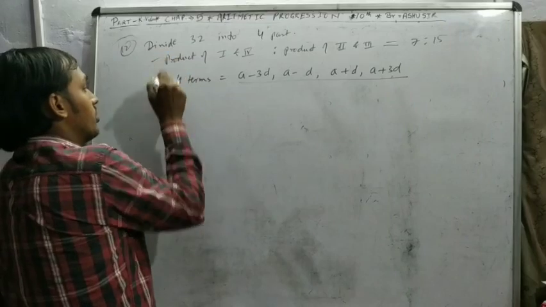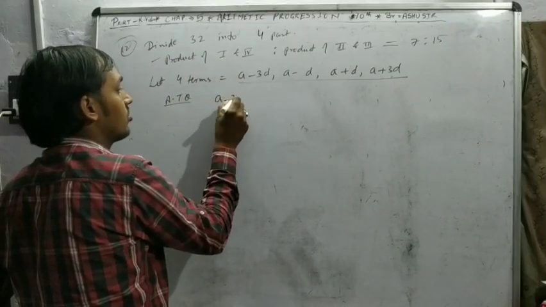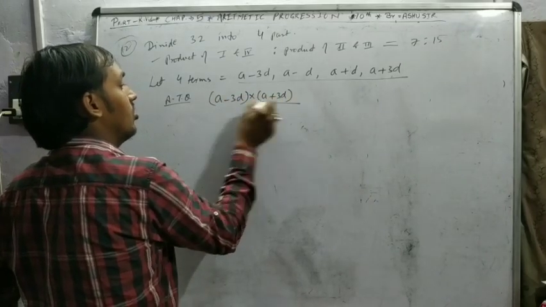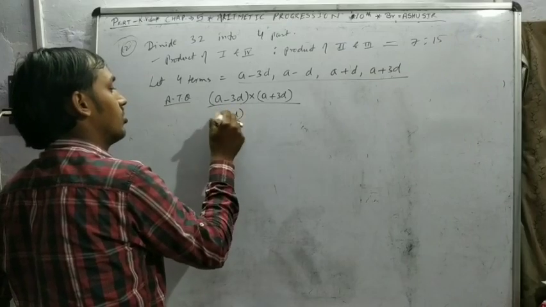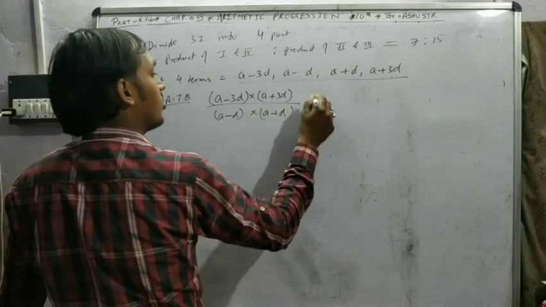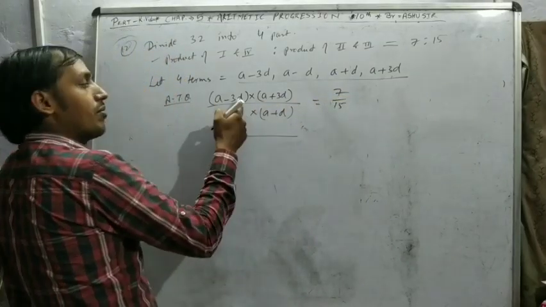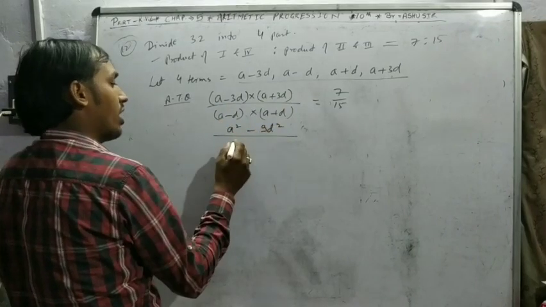According to the question, the product of first and fourth and of second and third has ratio 7/15.